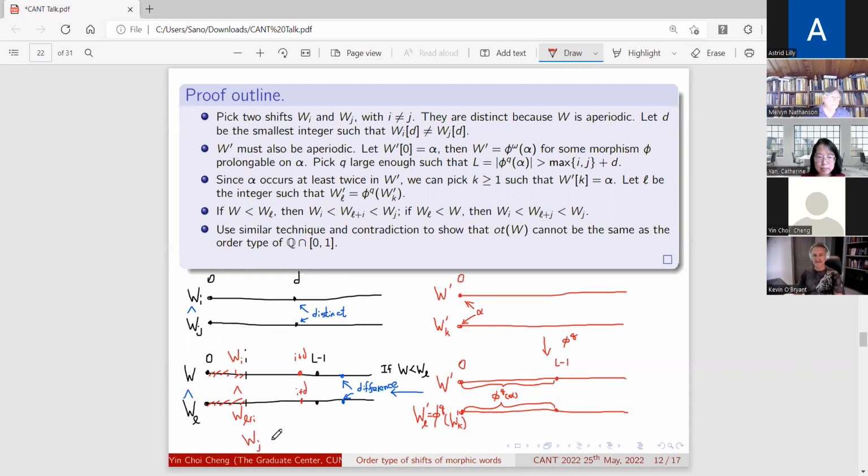In the J shift, we know that its deflector is greater than the deflector of the I shift, which means that it's greater than the deflector of the L plus I shift. So we have the desired order.